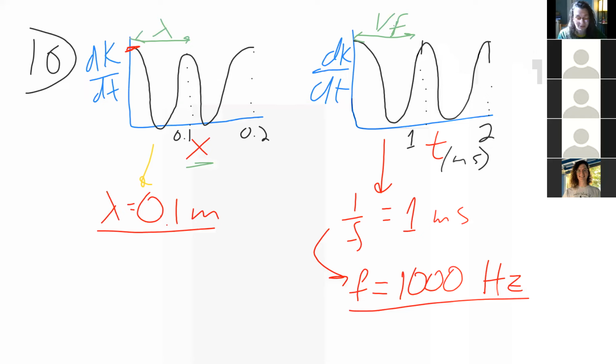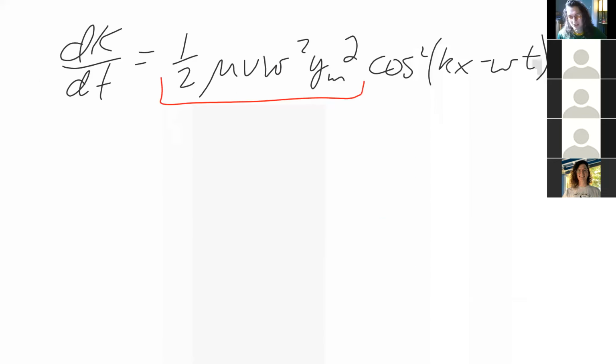My R sub S is 11. The units are watts. So that is your amplitude, right? And we know that whatever's out in front of our sine or cosine, or in this case, our cosine squared, is going to be an amplitude as well. So this right here is your R sub S. All that junk is your R sub S.